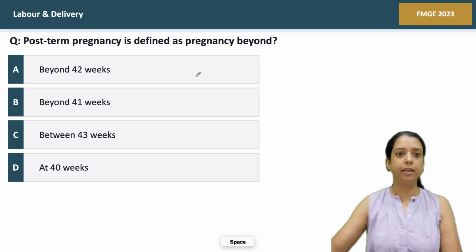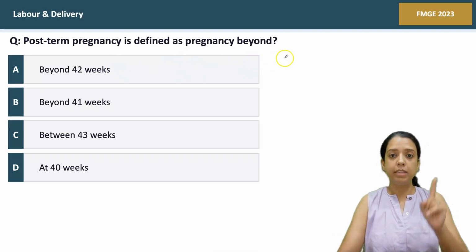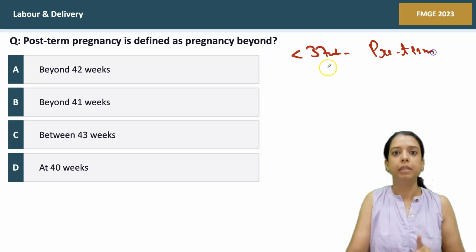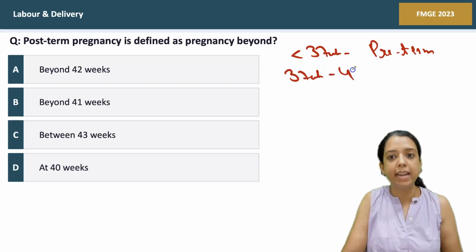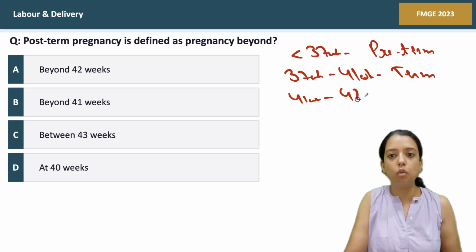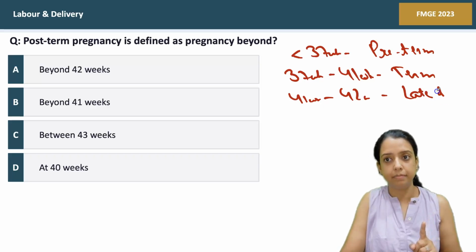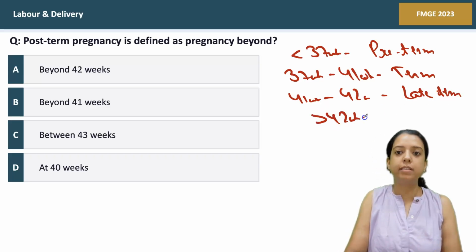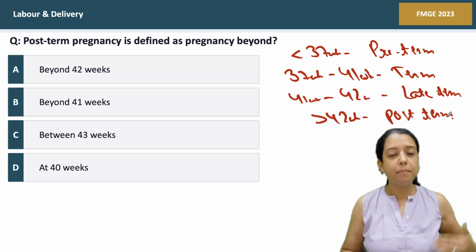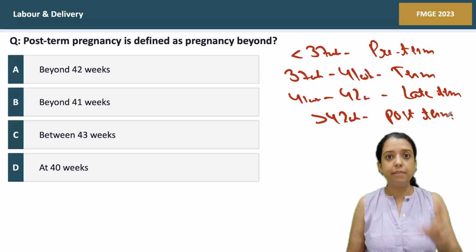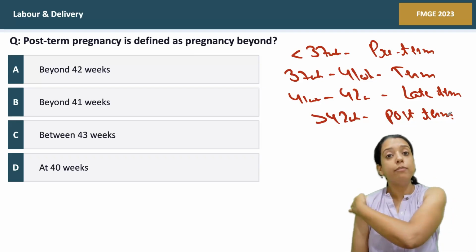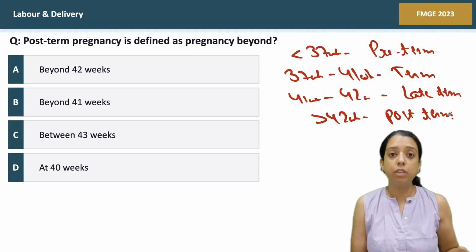Now, some questions on labor and delivery. Post-term pregnancy. See, remember these definitions. Less than 37 weeks is preterm. 37 weeks to 41 weeks is term. 41 weeks to 42 weeks is late term. And beyond 42 weeks is post term. Why this distinction? When the pregnancy crosses 42 weeks, that is the time when the placenta actually starts aging. Now the baby is actually at risk beyond 42 weeks. The liquor starts reducing, the placenta starts aging.